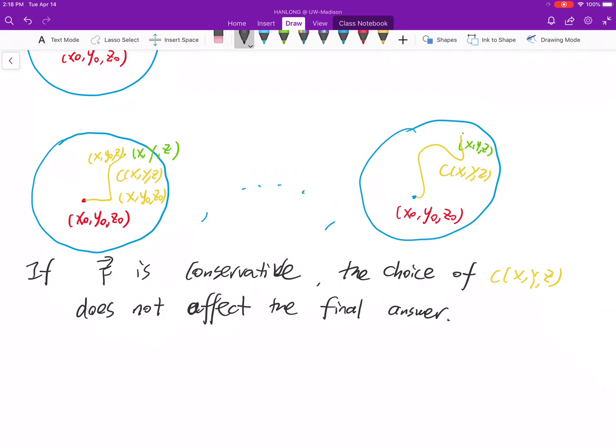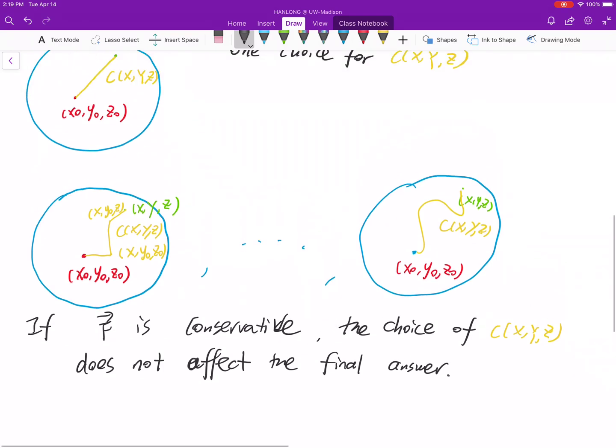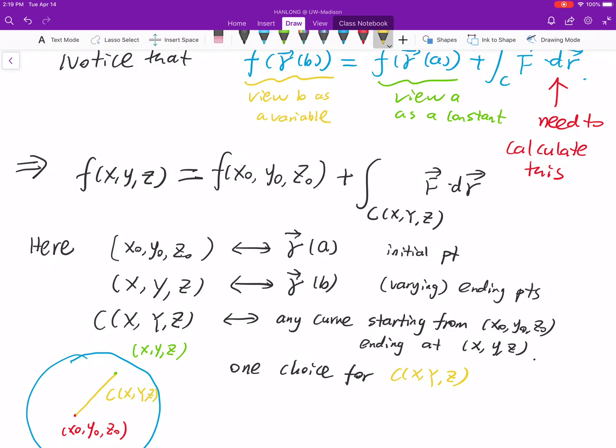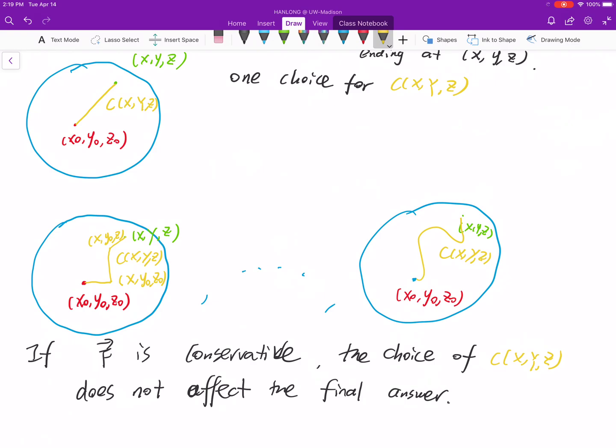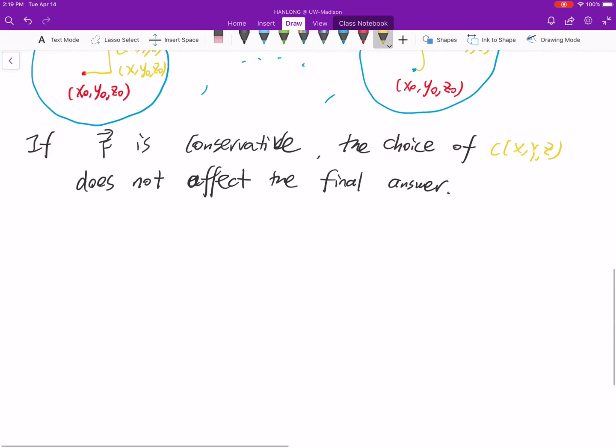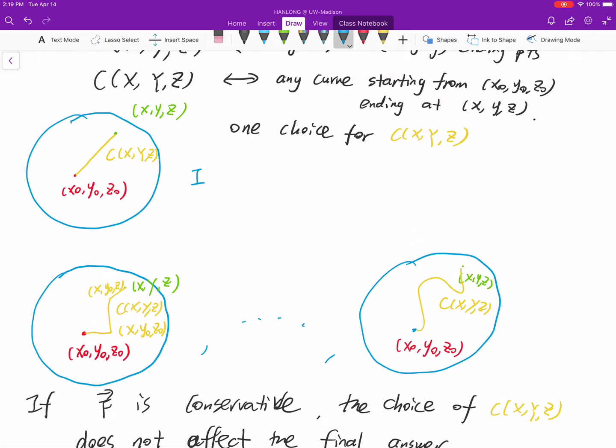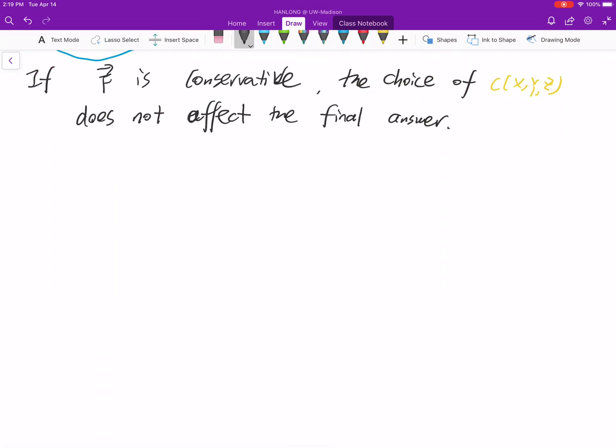In other words, we can choose any path we want to calculate the integral on this side. So usually I will choose this one. Let me denote this as 1, 2, 3. So remark, I will choose the first path in general because although the computation is a little bit involved, it's straightforward. It's just one step, a one-dimensional integral.